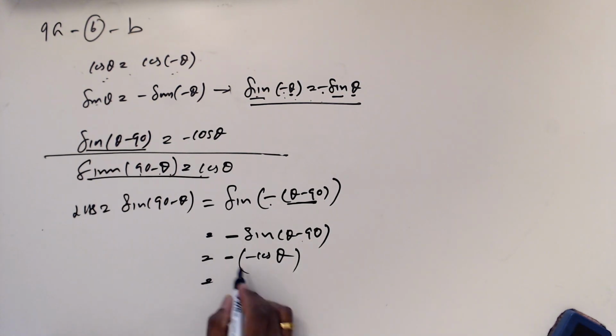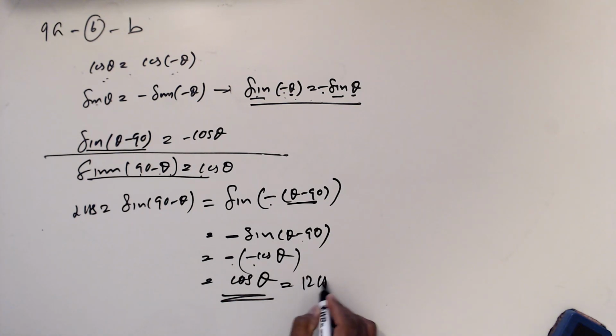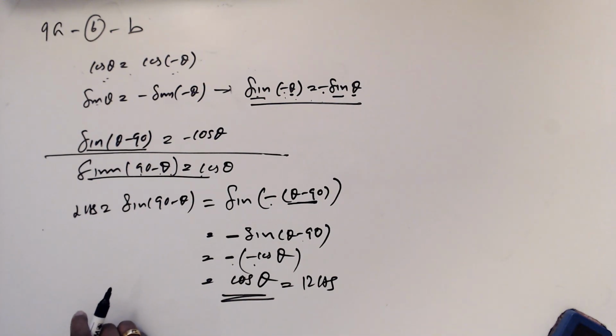So this is the minus. Minus times minus is positive. It means this is going to be cos theta, equal to the RHS. This is a very simple thing, but it's confusing. So make sure you do it a few times to get used to these things.